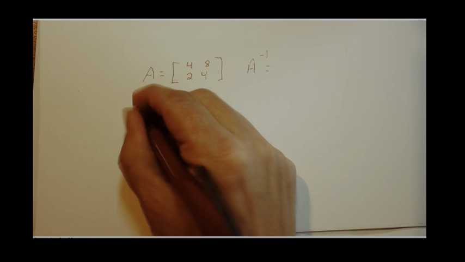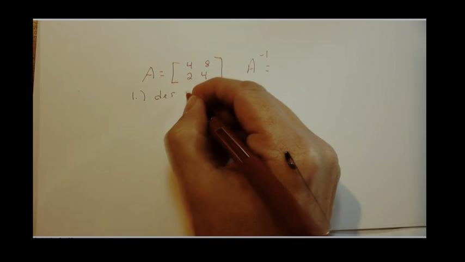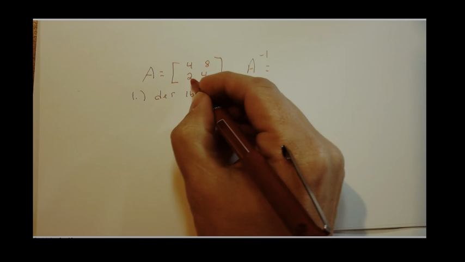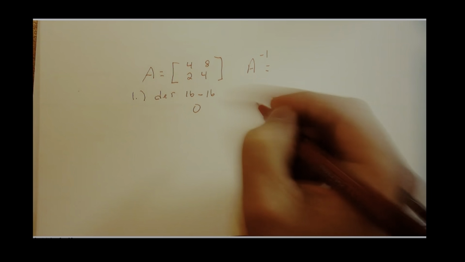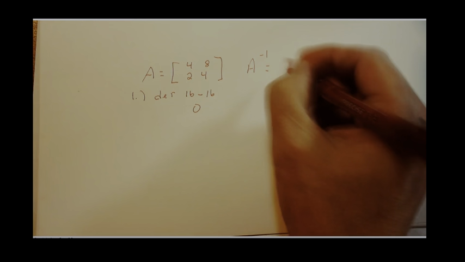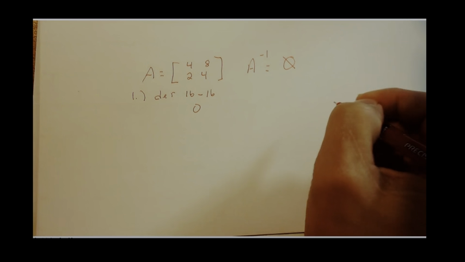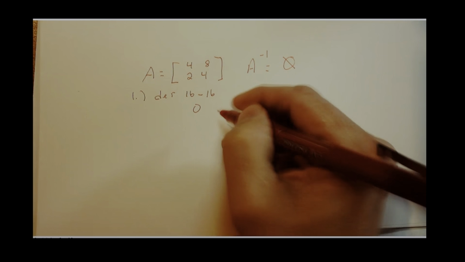The determinant is 4 times 4, which is 16, minus 2 times 8, which is 16. So that determinant is 0. Since this is 0, there's not an inverse for this one because this determinant is 0.